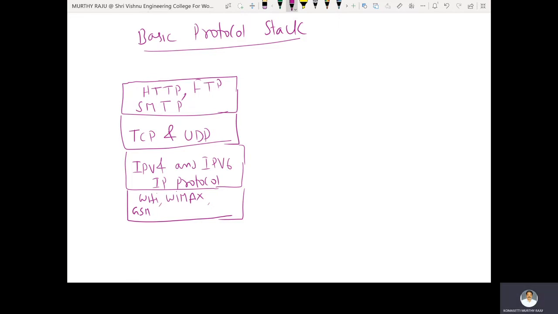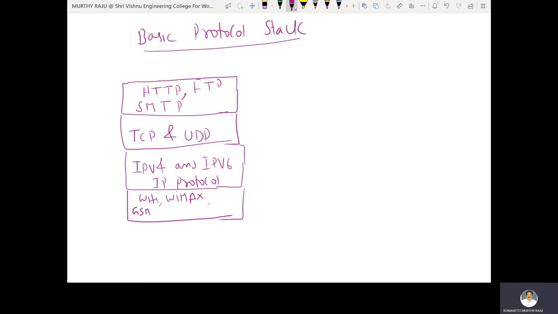These are some important protocols. Global System for Mobile Communication is an open and digital cellular technology used for transmitting mobile voice and data service.